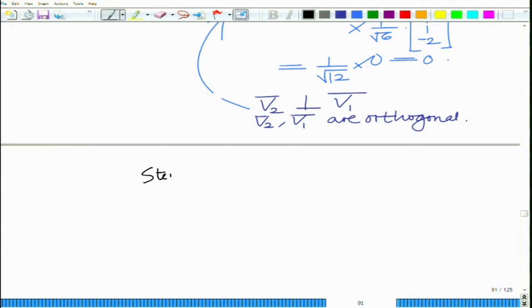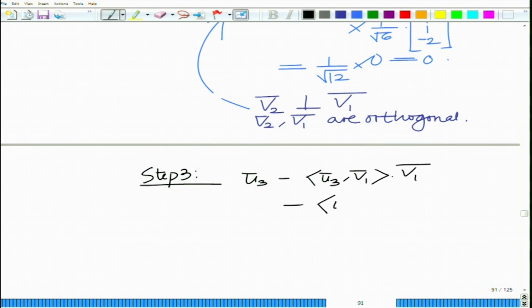Now, step 3 is again very similar. V3 tilde is U3 bar minus the projection of U3 bar along V1 bar into V1 bar, minus the inner product of U3 bar and V2 bar times V2 bar.